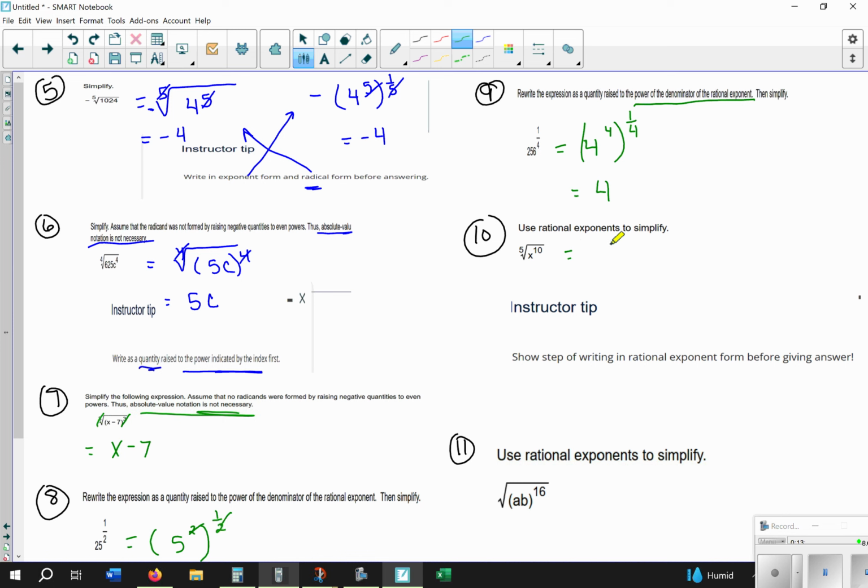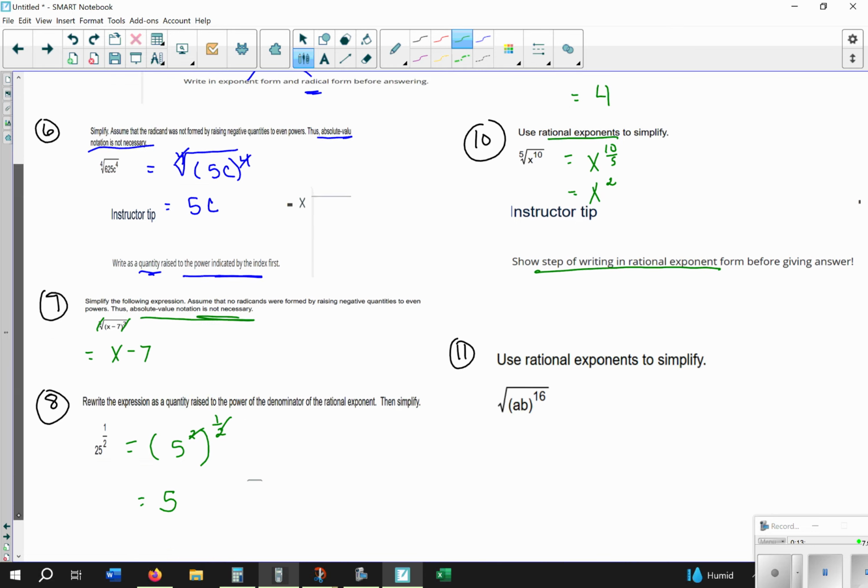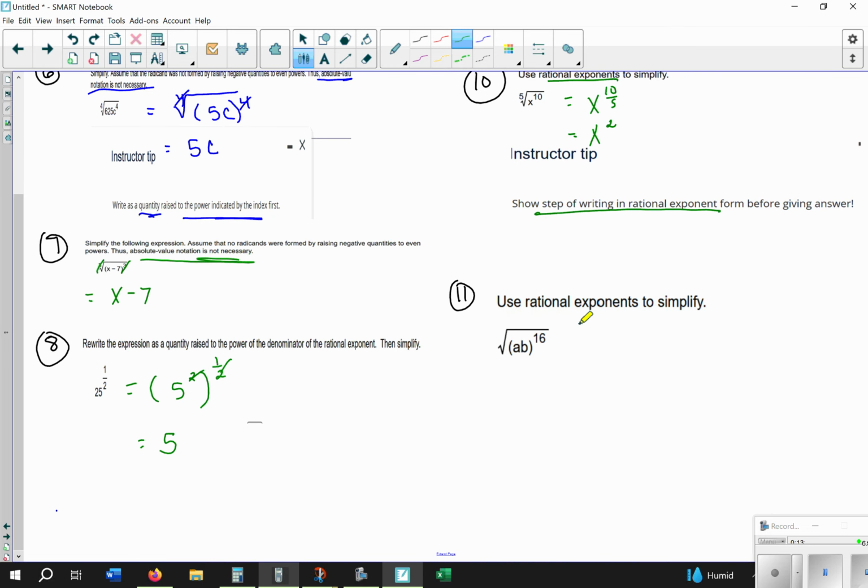Okay, 10, use rational exponents. Okay, show the step of writing the rational exponents. That's what I was looking for. And use rational exponents to simplify.